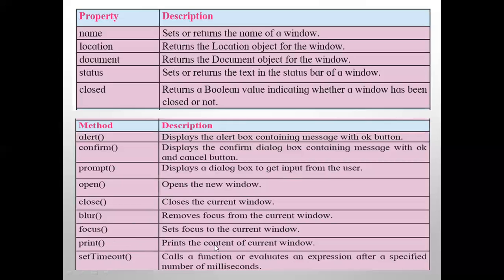Print prints the content of the current window. And setTimeout calls a function or evaluates an expression after a specified number of milliseconds. We have practicals on this also, so when you do your practicals, you will understand this function better.